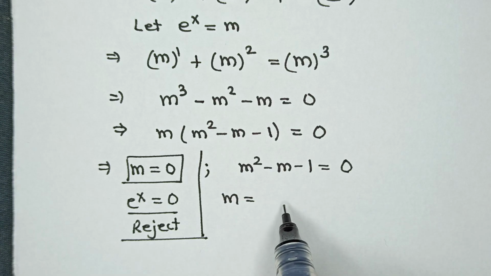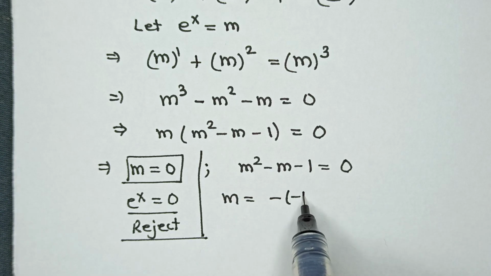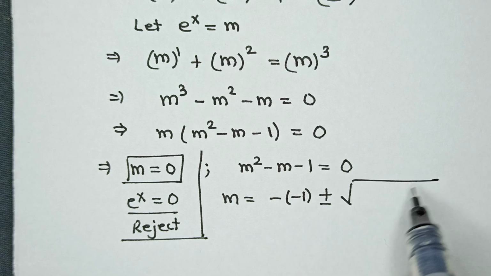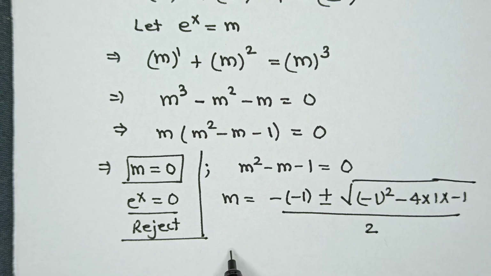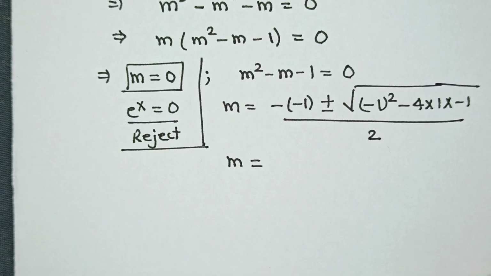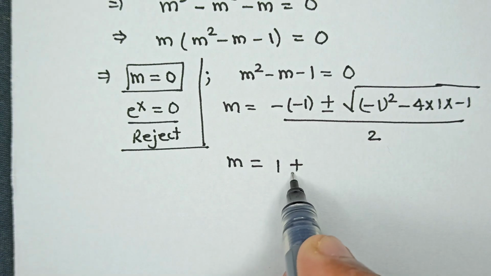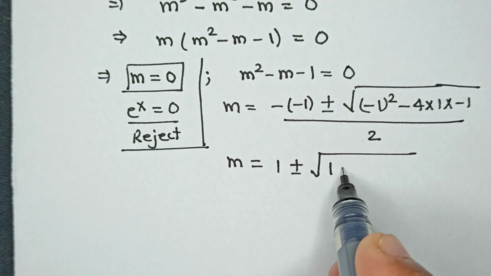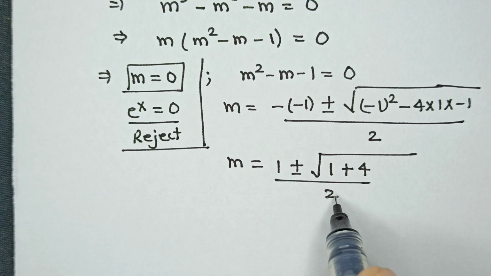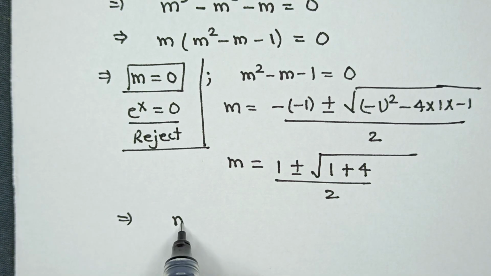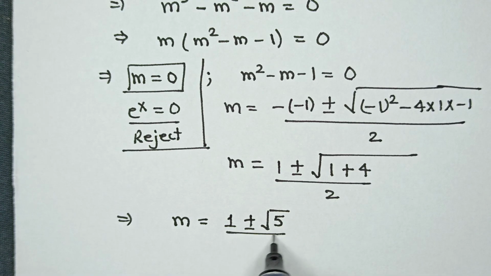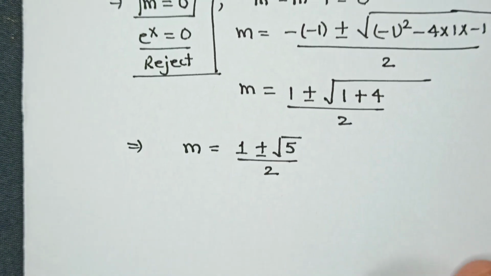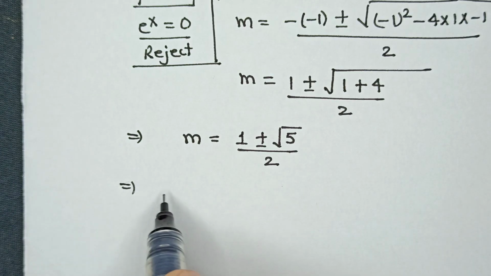So m would be equal to minus b plus minus square root of b square minus 4ac divided by 2. The value of m comes out to be 1 plus minus square root of 1 plus 4 divided by 2, which means m is 1 plus minus square root of 5 divided by 2.